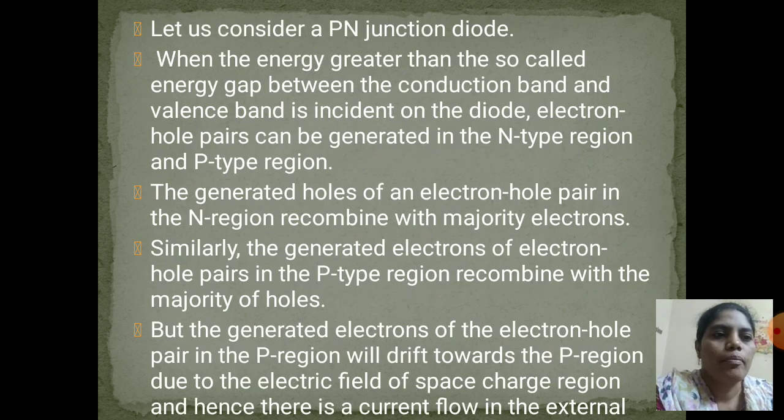So let us see. Let us consider a PN junction diode. When light with energy greater than the energy gap between conduction band and valence band is incident on the diode, because of this, electron hole pairs can be generated in the N-type region and P-type region.